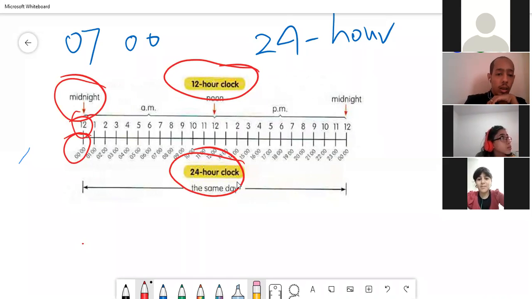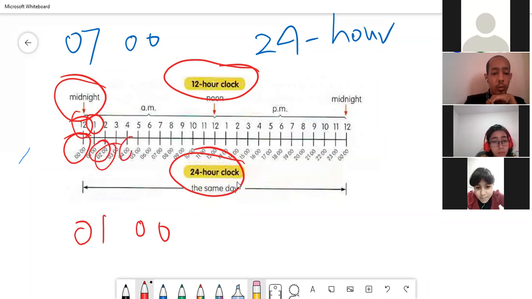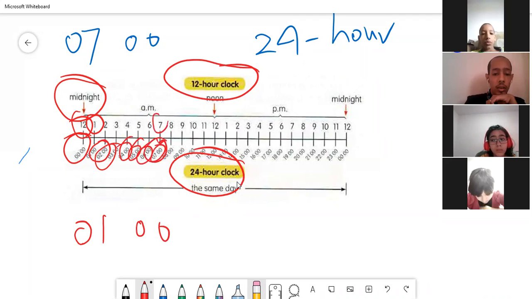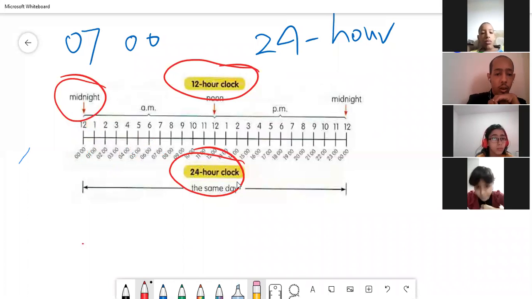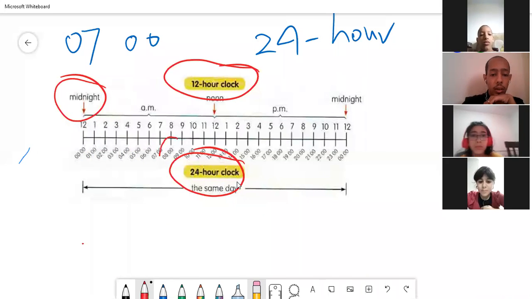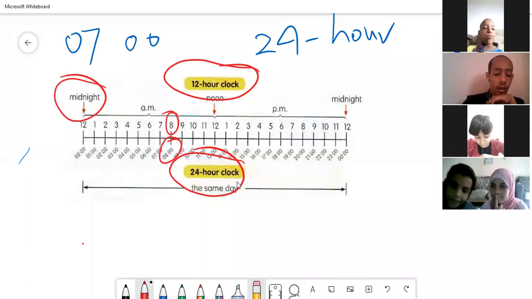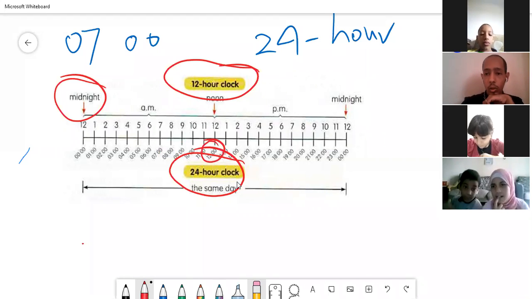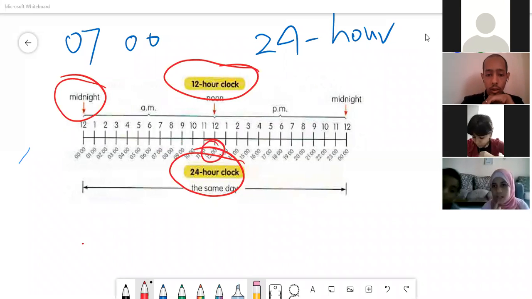Then 1 hour later, it becomes what? 0100. Then 2, 3, 4, 5, 6, 7. You see, 7 is the same as 7 a.m. For example, 8 in the 24-hour clock is the same as 8 a.m. And we continue until we reach 12 in the 24-hour system.